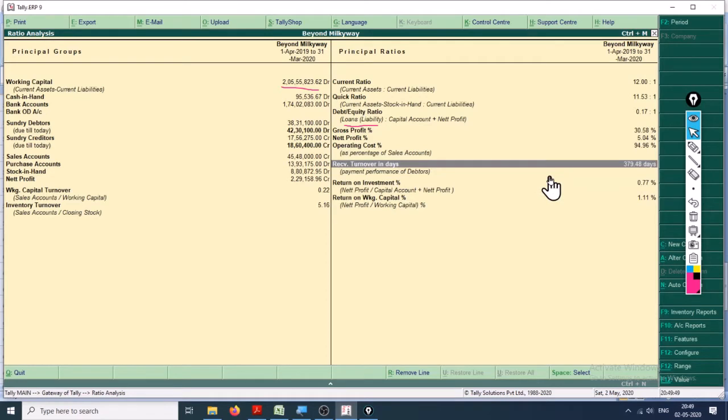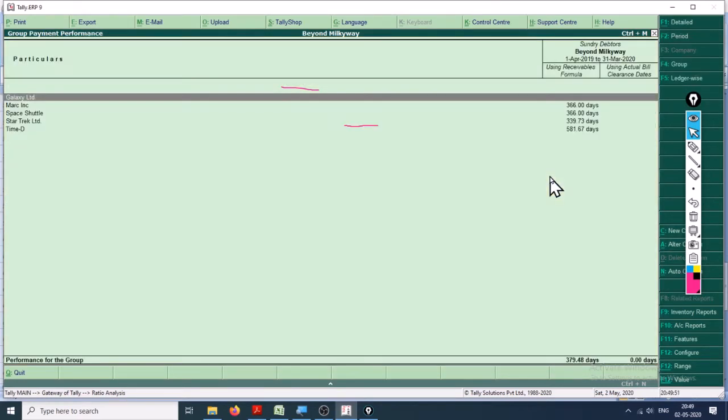So receivable turnover in days, 379 days. And as soon as you open it, you will see 366 days, 339 days, 581 days. That is the average amount of time they will take to pay their dues. And Tally has calculated it how? By their past record.